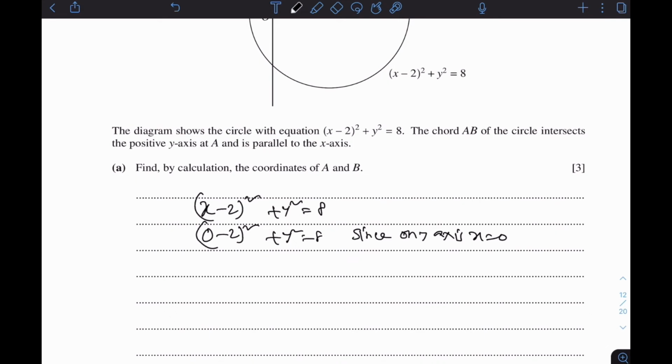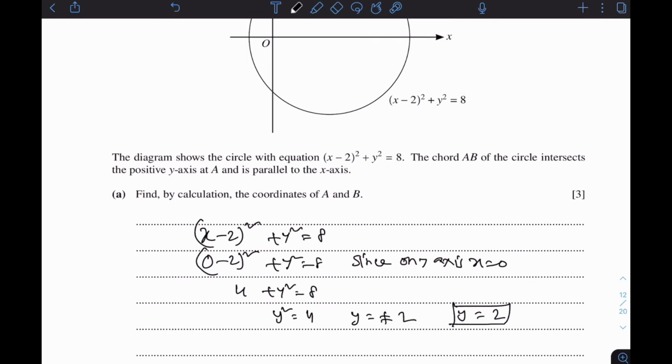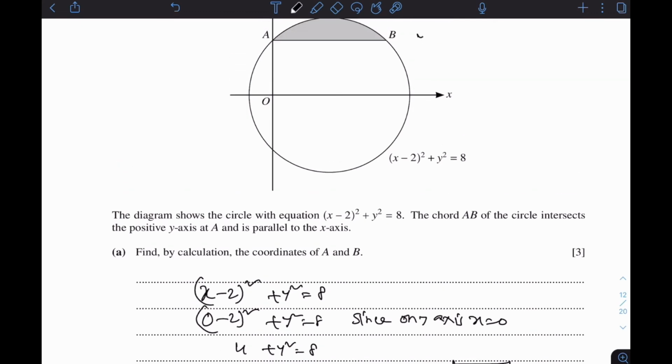It can be 4 plus y square equals 8, y square equals 4, y equals plus or minus 2. So y cannot be minus 2, y will always be positive here in this diagram. So the equation is y equals 2.